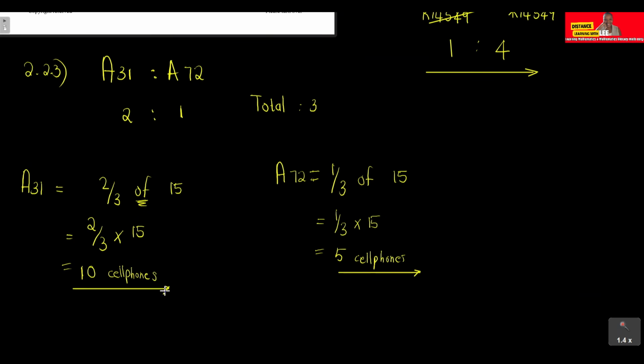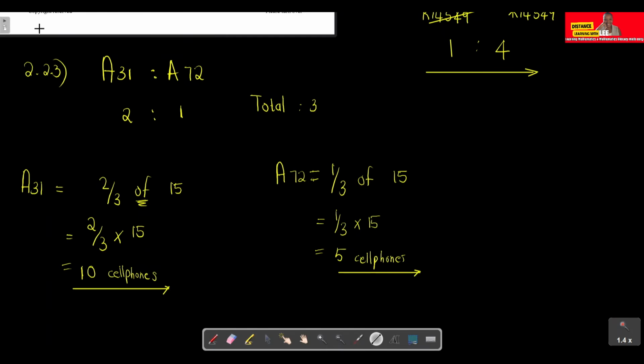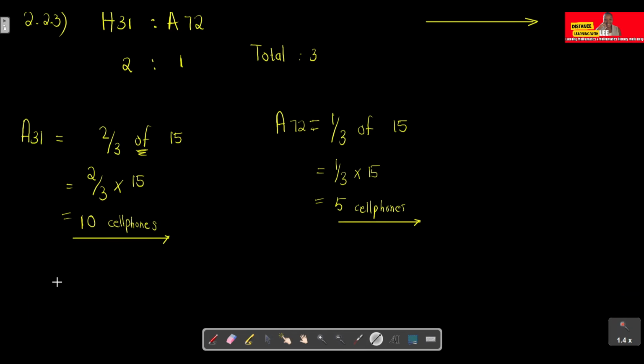So how are we going to confirm that amount? We already know that he bought 10 A31 cell phones. So for us to determine the cost price of these A31 cell phones, we need to first find the cost price for the A31. Once we determine that, we multiply it by 10 to get the cost price for the 10 A31 cell phones.